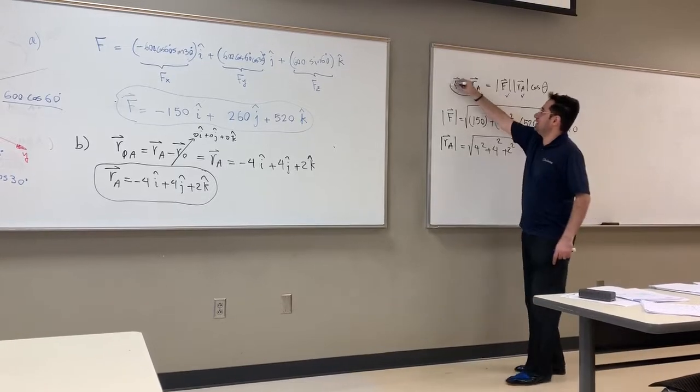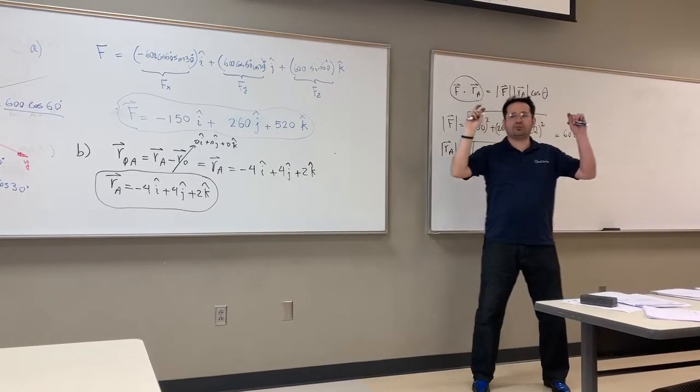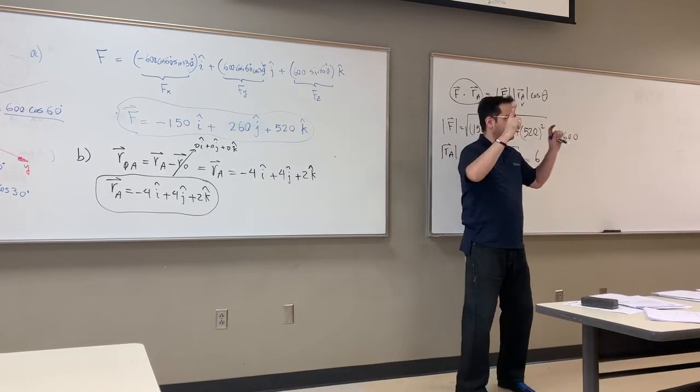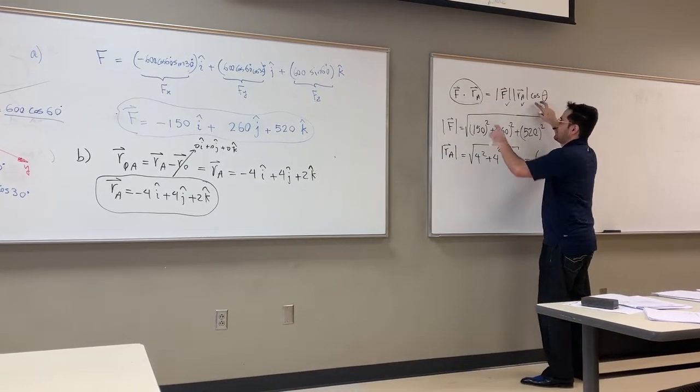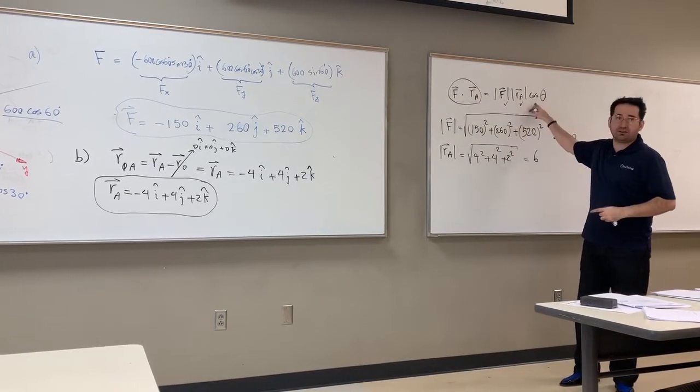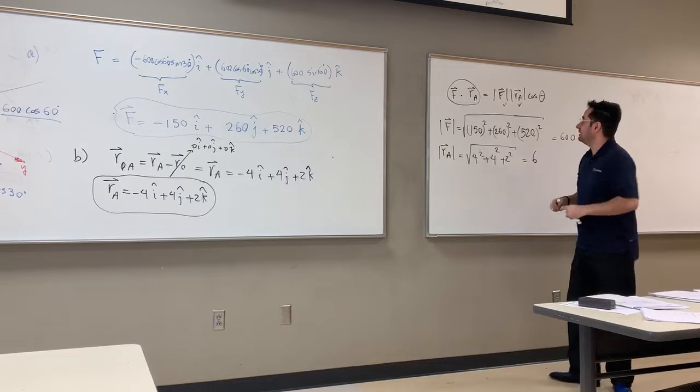And the result of the dot product of two vectors is what? A number. It's a scalar. And then you end up with the cosine being a number divided by a number, and then you do arc cosine and find the angle. This is part B, the bonus part, right?